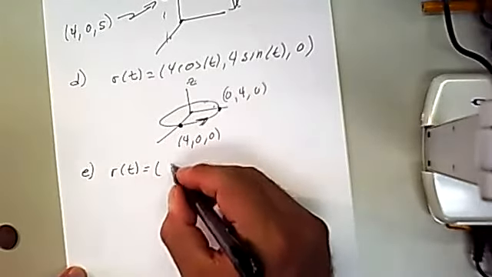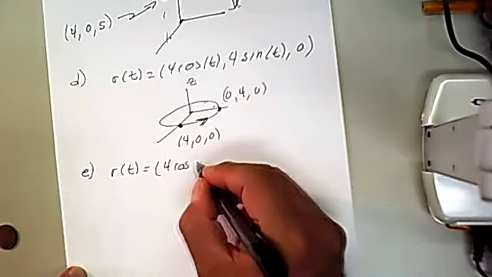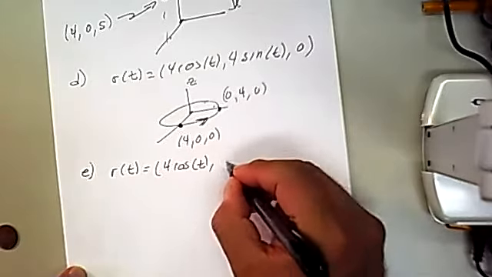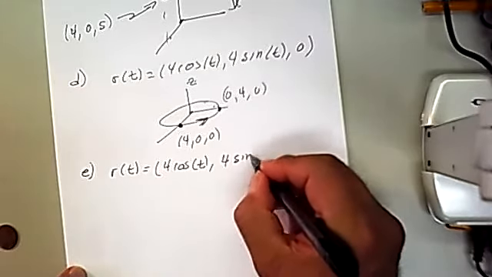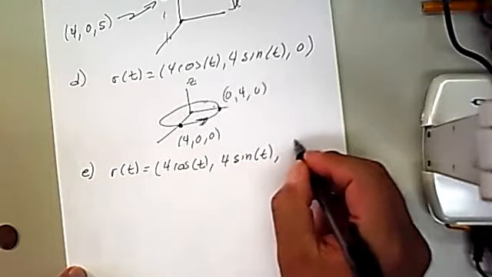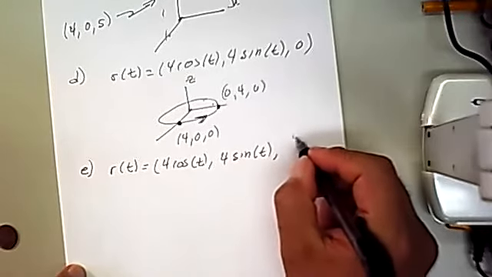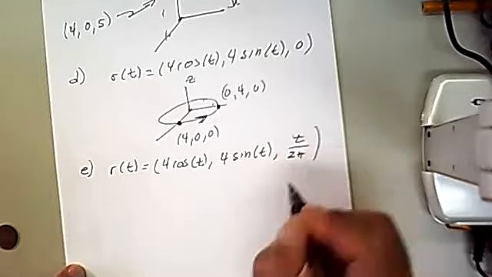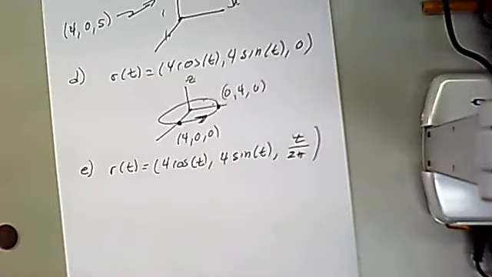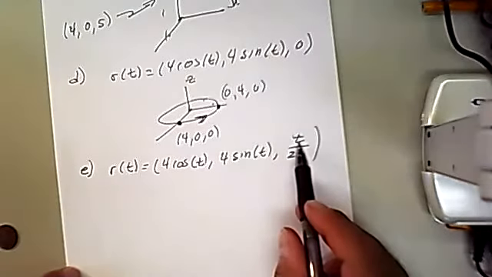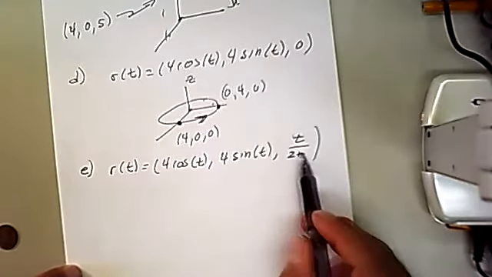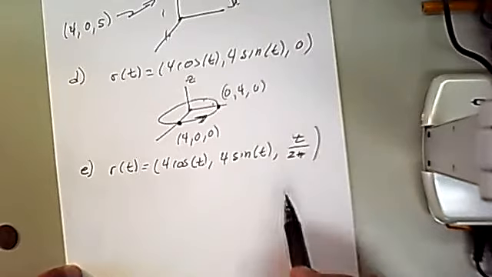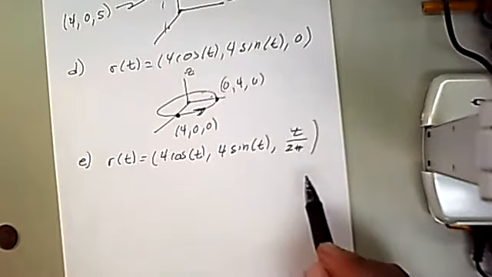All right, so what if we have 4 cosine of t, 4 sine of t, and then t over 2 pi, which means that by the time t gets to 2 pi, this fraction will be equal to 1 unit.